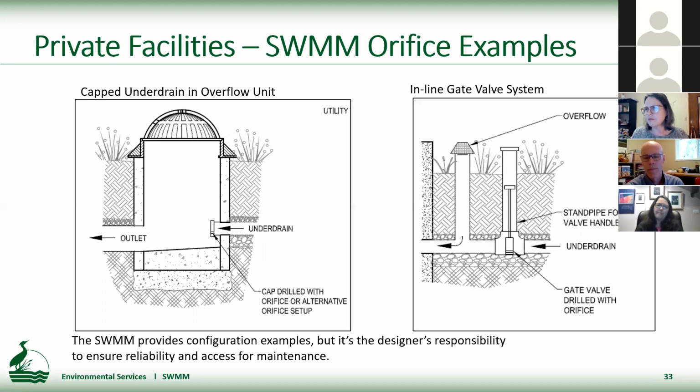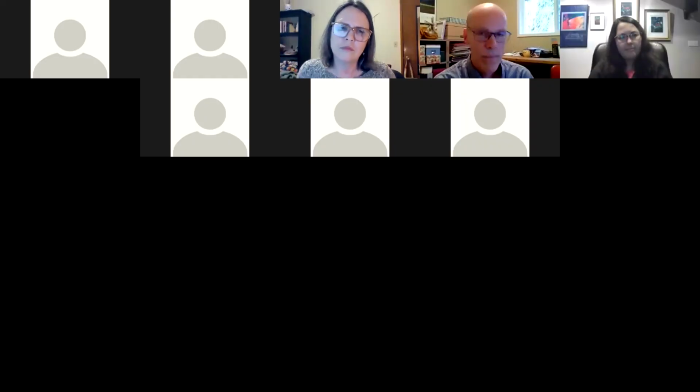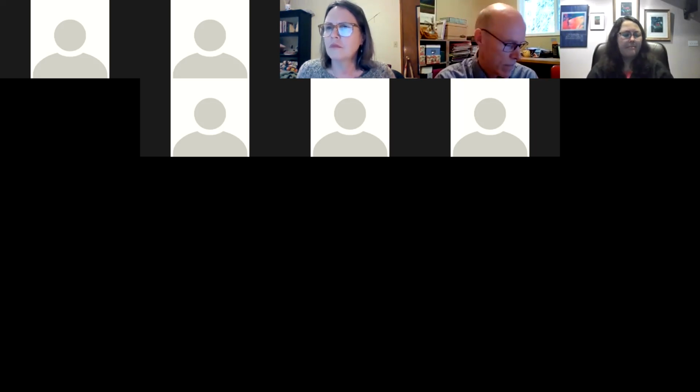Okay. And then also regarding the beehive, and this isn't pertaining to the orifice question, it's just in general the beehive and its use in the right of way, and specifically the right of way that's in the combined sewer area. The combined sewer area has a lot of rats, and rats use inlets as their access point to get into the combined sewer.